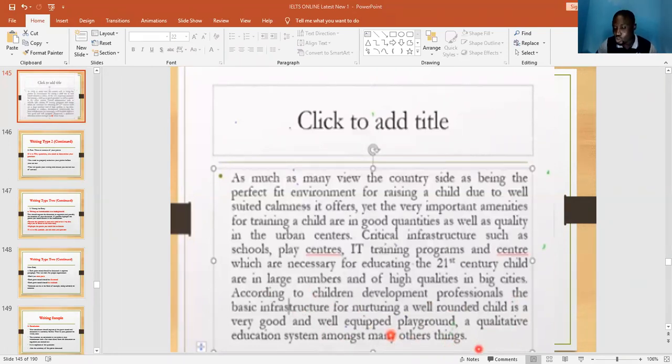I am trying to say this validation, I have used it to say this authority says this. And I have also used it to say these educational training and equipment are critical to the well-being or development of a child. Trying to say this is more important than having the cool and calm environment of the countryside.